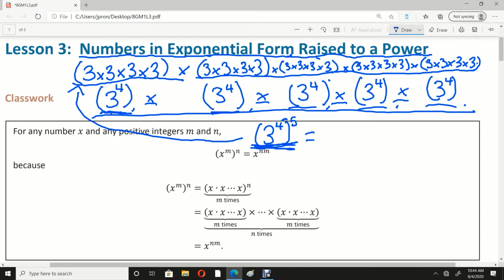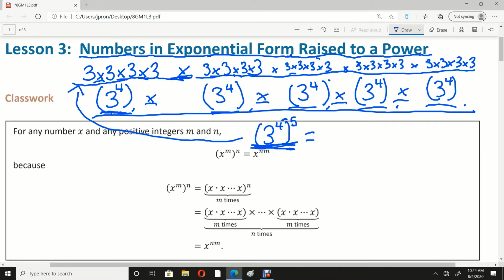We have 5 groups of 3 times 3 times 3, right? But remember that using the commutative property, when we're multiplying these terms together, we can rearrange these terms however we want. And since everything here is being multiplied together, for all intents and purposes, these parentheses don't exist.